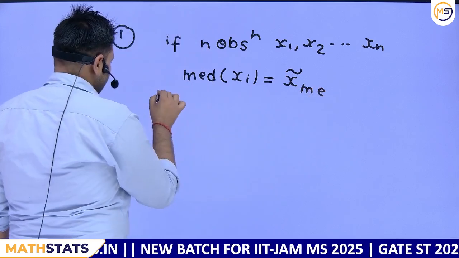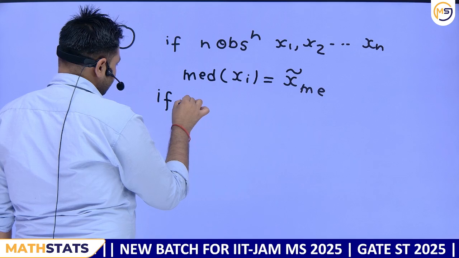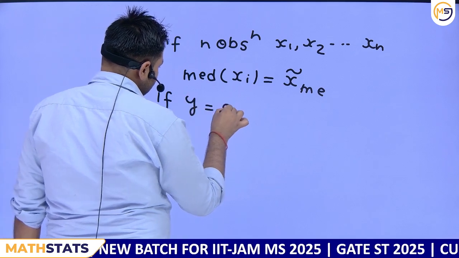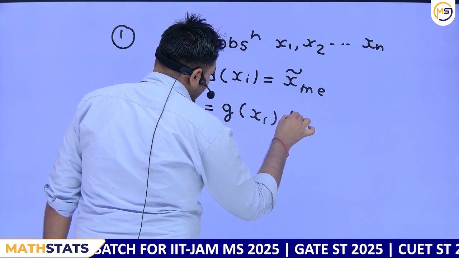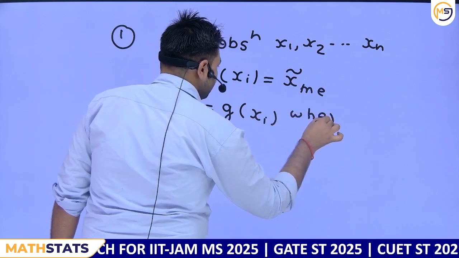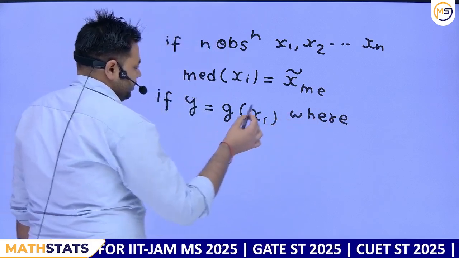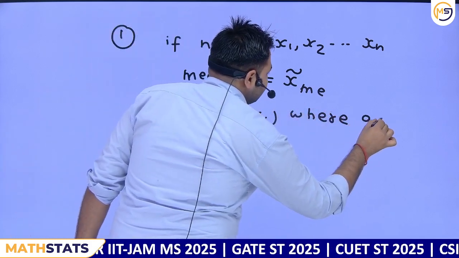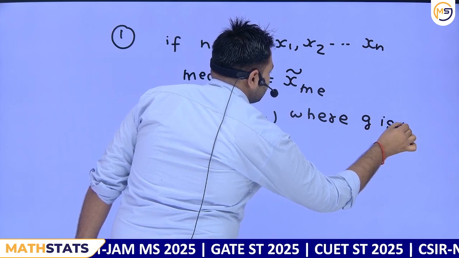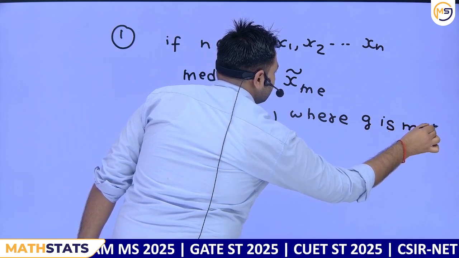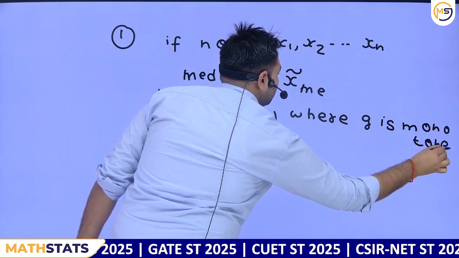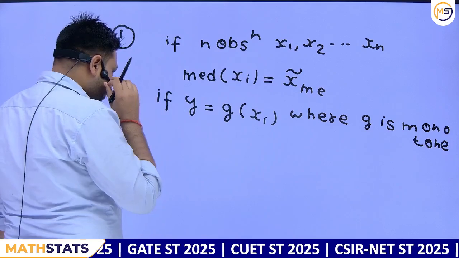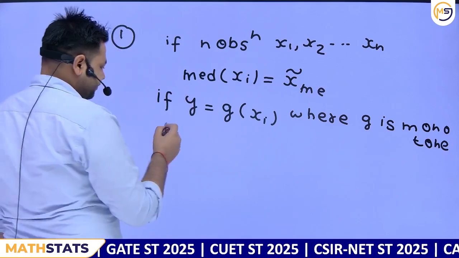Now if y equals g of xi, where g is a monotone function, right? Monotone means increasing or decreasing.